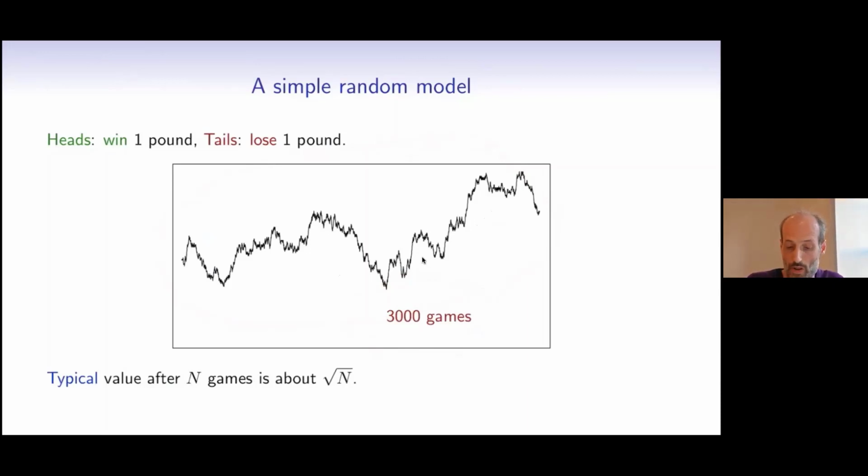In particular, for example, in both cases, if you ask yourself what's the typical value of what you have in your wallet or your debt, then after n games, it's going to be roughly about square root of n, right? And probably you know why, because of the central limit theorem.